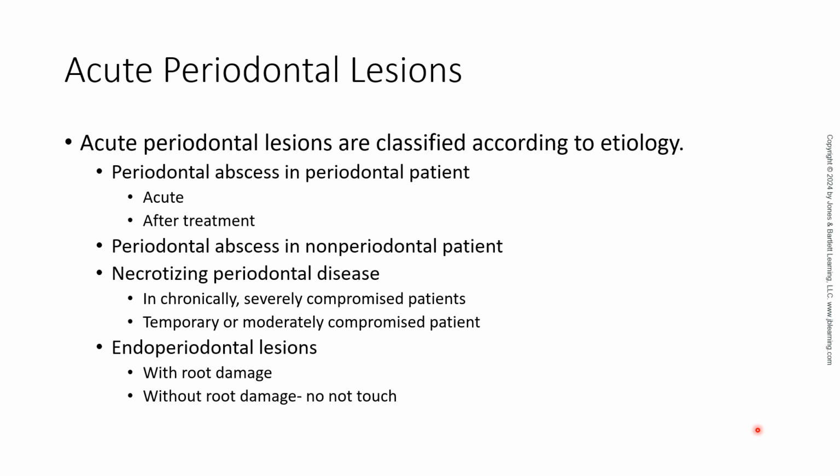Necrotizing periodontal disease is typically acute but can be chronic in compromised patients, like patients with HIV and AIDS or due to malnutrition. Endoperiodontal lesions with root damage include root fractures. Endoperiodontal lesions without root damage are beyond the scope of practice for us, so we do not touch those.